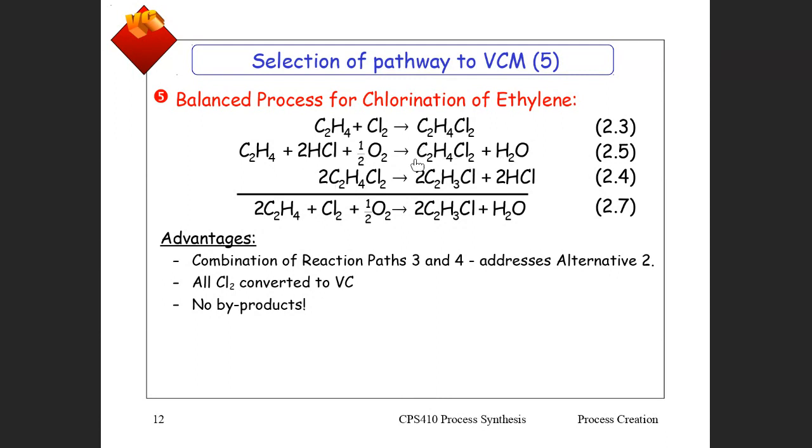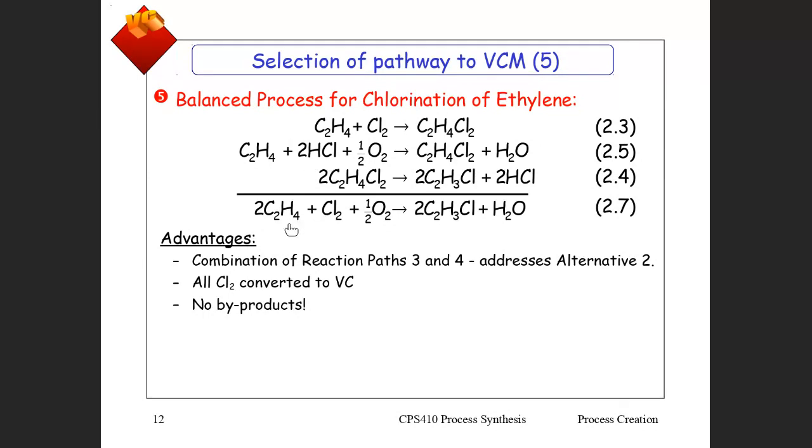Now you've got two dichloroethanes, and you can make two vinyl chloride monomers plus two HCl, and you can see the HCl's cancel out. There's two HCl's on the right and two HCl's on the left hand side.